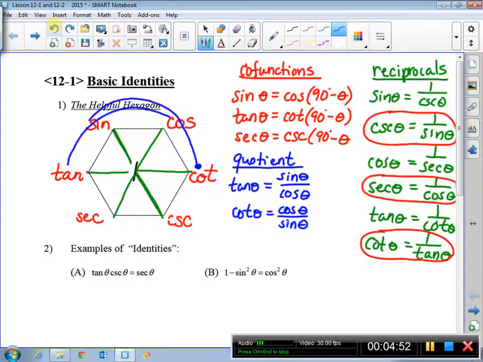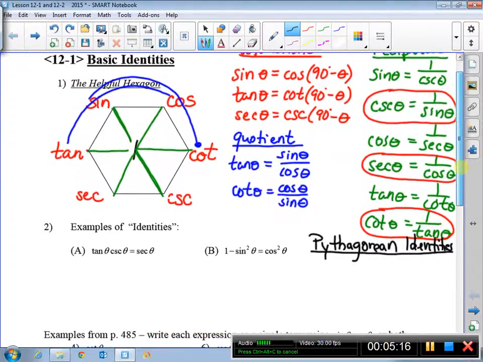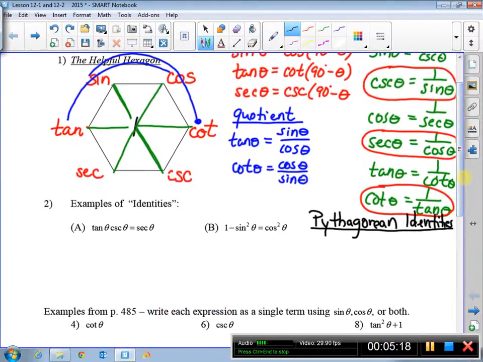There we go. And the last group of identities that this really helps you do, I'll put these in black, are the Pythagorean identities. Pythagorean identities are the things that had squares in them.